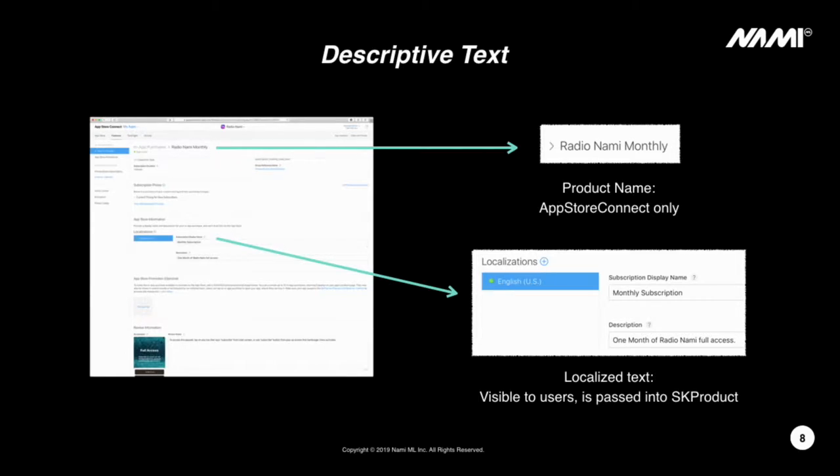The nice thing is that this is also localizable, so if your app will support localization, just make sure you also think about adding the appropriate localizations for your products at this phase. And all the products, not just subscriptions, have this kind of localized descriptive text that you can adjust. And this comes in through SKProduct, which I'll talk more about in a little bit. But just keep in mind that as you're setting up products, you want to fill this out for whatever languages you use.